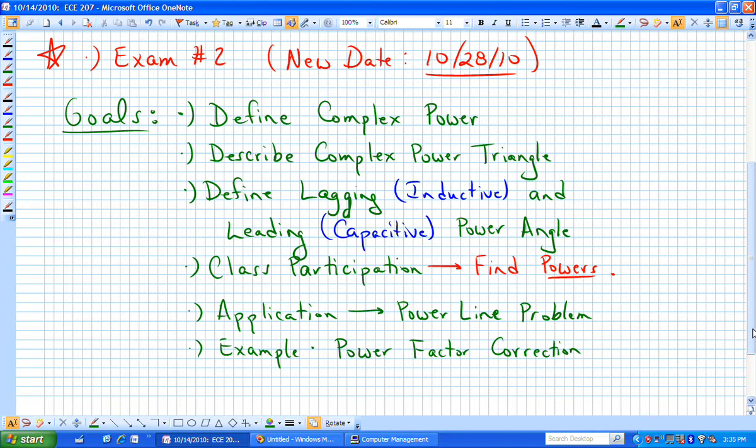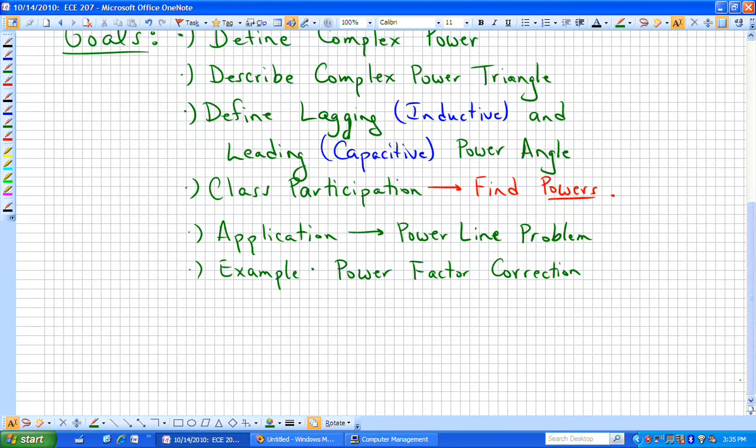If you have multiple loads, each of those loads in general can have a real part and an imaginary part, and you simply have to add up vectorially those real parts and the imaginary parts to get your total complex power. Let's now work with what we, I think, have already defined.